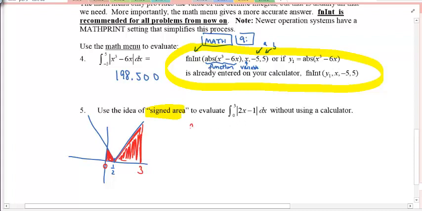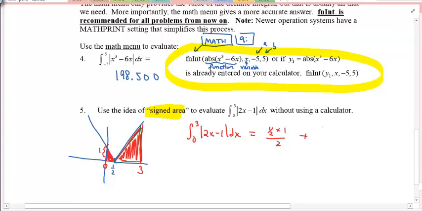So I can say that the integral from 0 to 3 of the absolute value of 2x minus 1 dx is equal to our first triangle, which is 1/2 as the base. And the height at 0 would be what? 1, because 2 times 0 minus 1 is -1. The absolute value of -1 is 1. So 1/2 times 1 divided by 2. And over here, my triangle, I'll put in green.